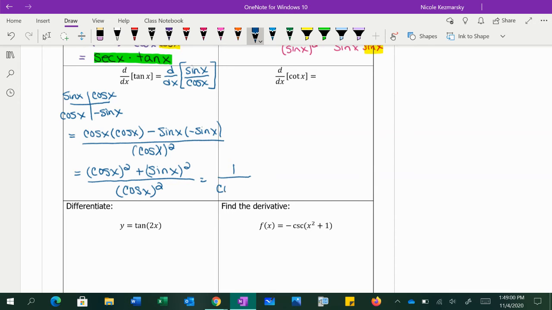So then I've got 1 over cosine squared. Well, the reciprocal identity for cosine is secant. 1 over cosine is secant. So 1 over cosine squared is secant squared. And so that is the derivative of tangent.